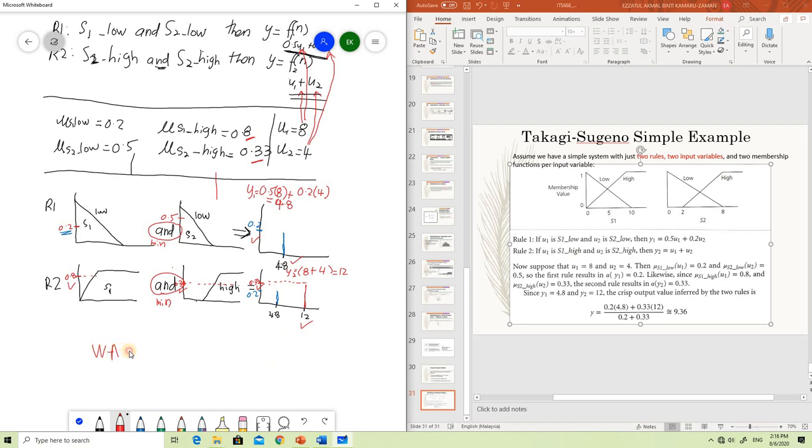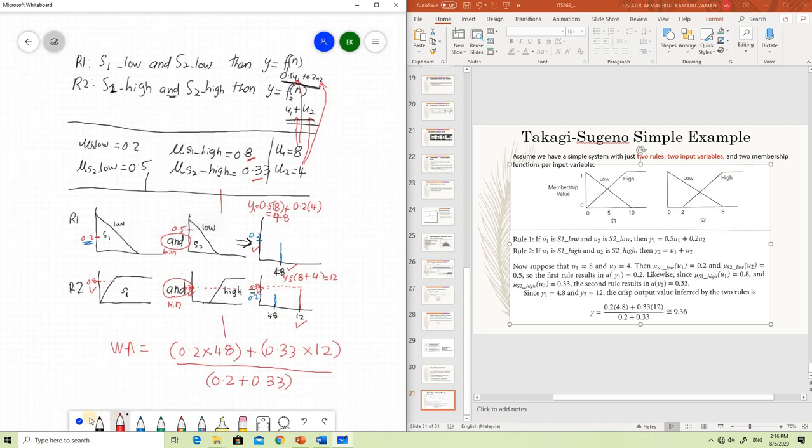So WA would equal to 0.2 times 4.8 plus 0.33 times 12, over what? Over the degree of membership for each spike, 0.2 plus 0.33 because you only have 2 spikes.